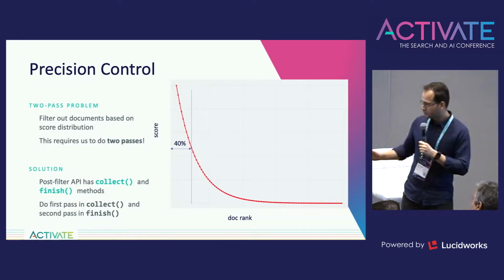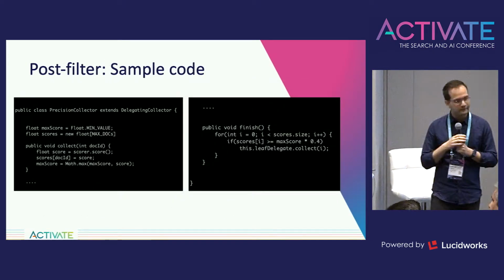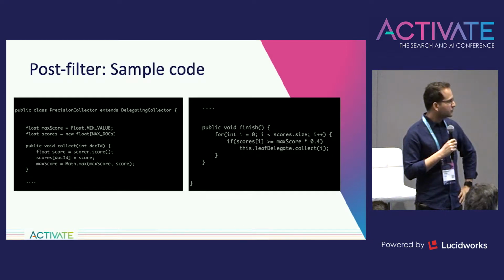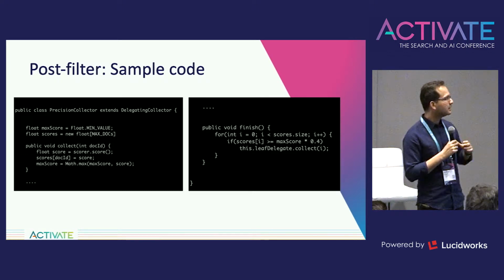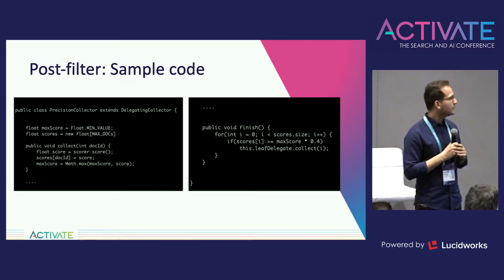Let me show you a small code snippet of how exactly we're achieving that. On the left panel, you see the collect method, where we do the first pass. Here I've written a simple max score, where the statistic we are collecting is just the maximum of all the scores of the documents in the result set.